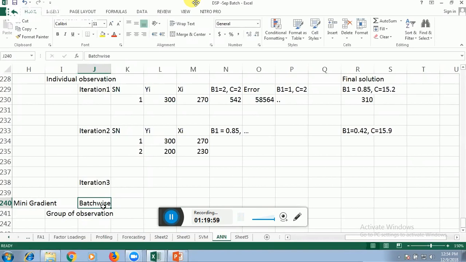Here you take a batch of observations at a time. Many algorithms use mini gradient, but whether you use simple gradient or mini gradient depends on the size of the data. If the data size is very big, instead of going with the full gradient, which takes a lot of computational time, you can go with the mini gradient so that the initial approximation will be quicker.